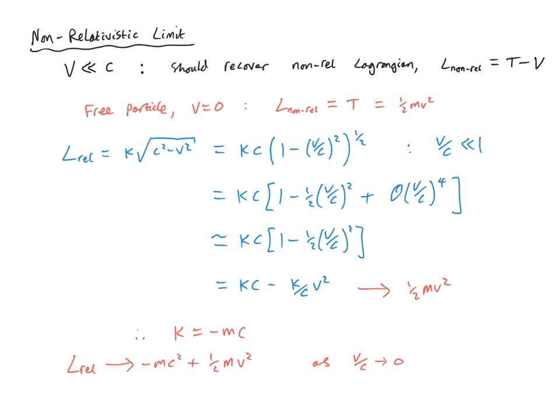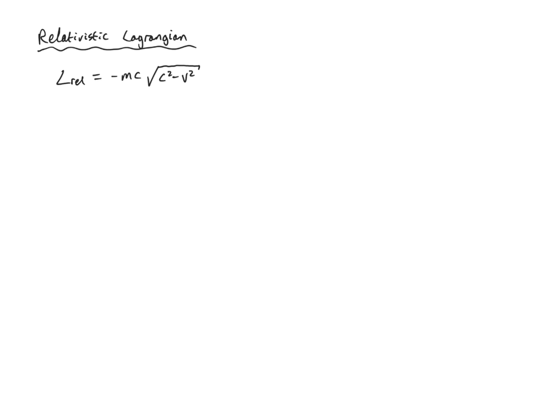However, in the full relativistic Lagrangian, we see that this term is important. And finally, this is rather suggestive, we have an mc squared here. You might be thinking E equals mc squared. Well, of course, that's related, and we'll get to that in a moment. So we've derived an expression for the relativistic Lagrangian of a free particle without any potential.